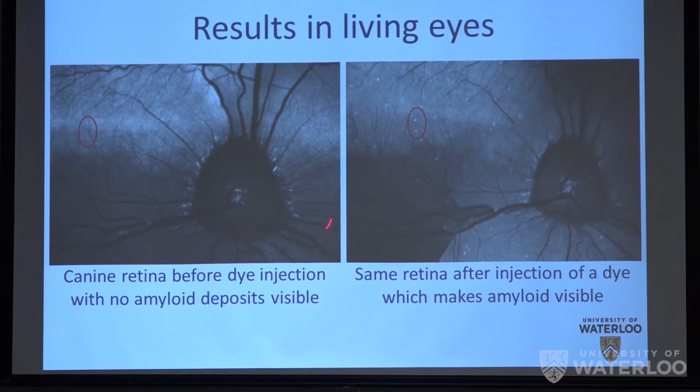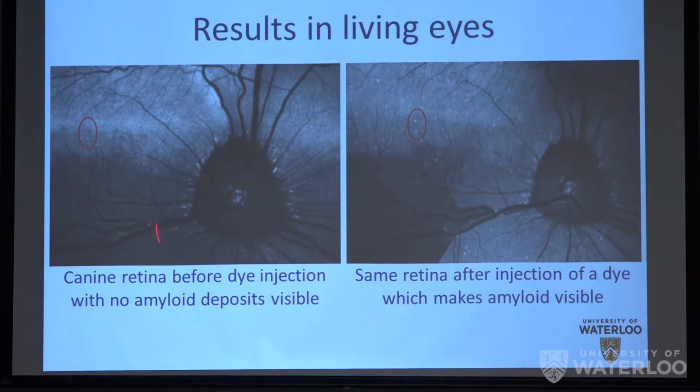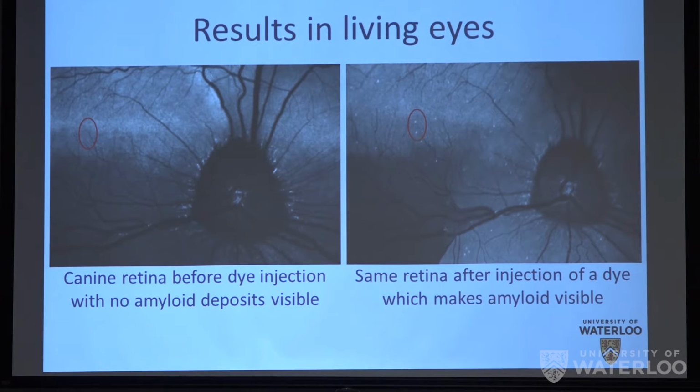There's some evidence of structures that produce fluorescence without a dye being present, and we refer to that as tissue autofluorescence. And then after 5 minutes after the injection, you can clearly see these punctate deposits all over the retina that correspond to areas where there were no deposits before the injection of the dye.